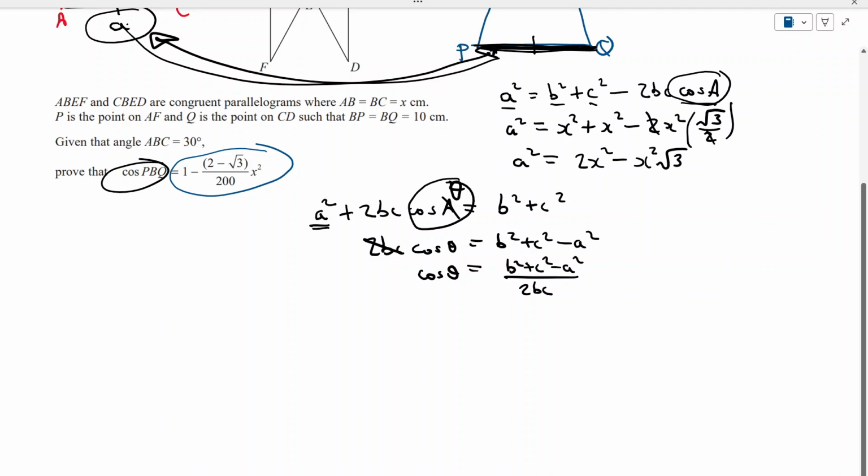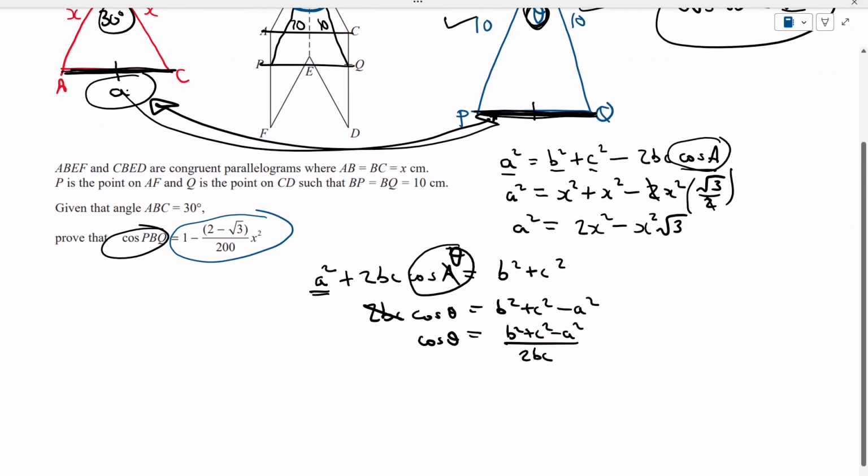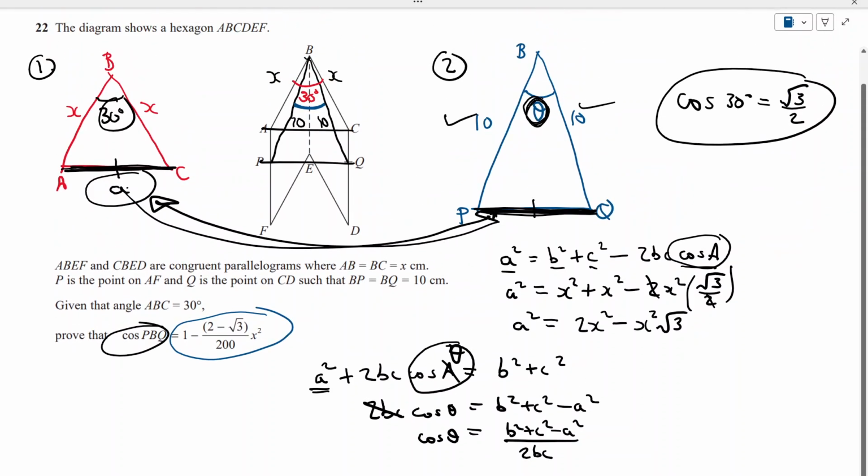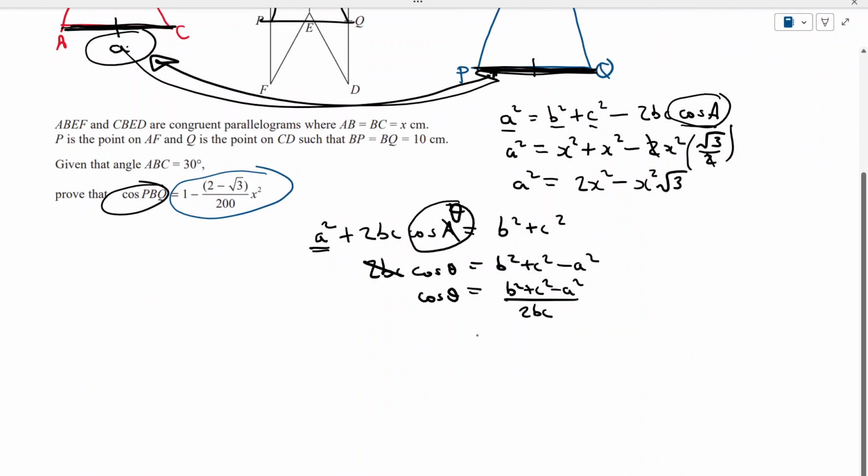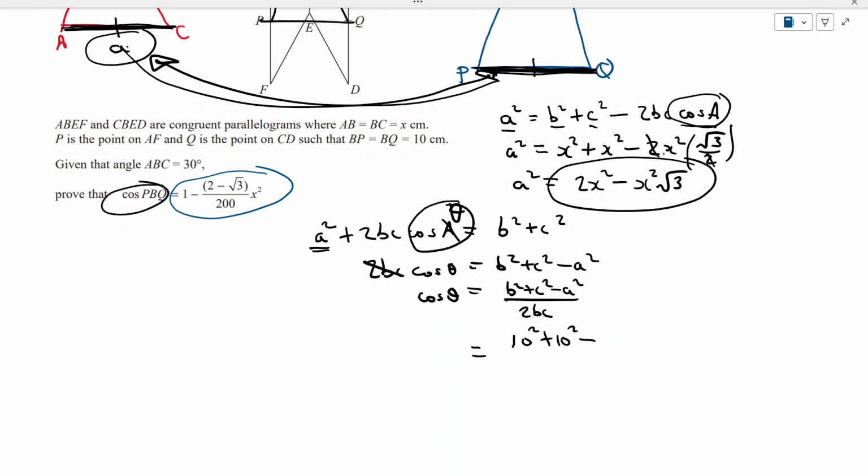So we can now substitute the lengths that we know. Well, on this diagram here we have b and c are both 10, so cos theta is 10 squared plus 10 squared minus a squared. Well, a squared is going to come from our workings from diagram 1. So minus, I'm going to put it in brackets because it is 2x squared minus x squared root 3.